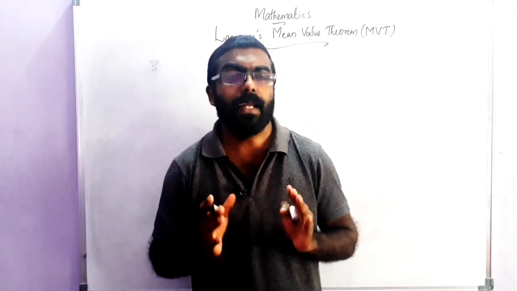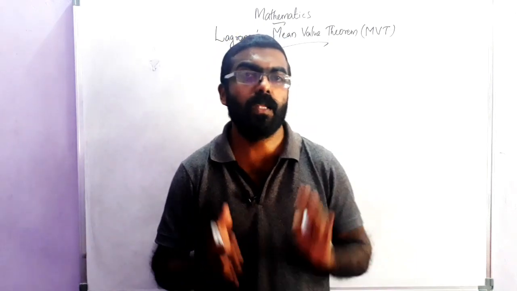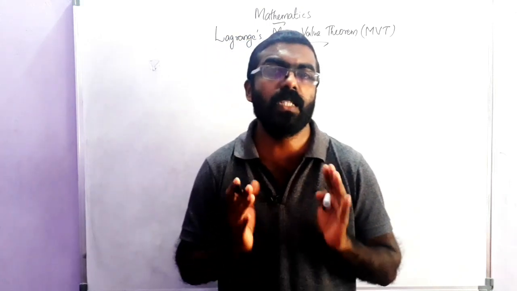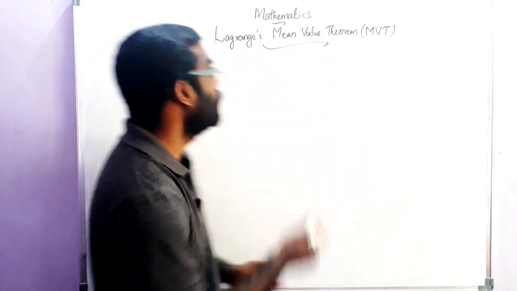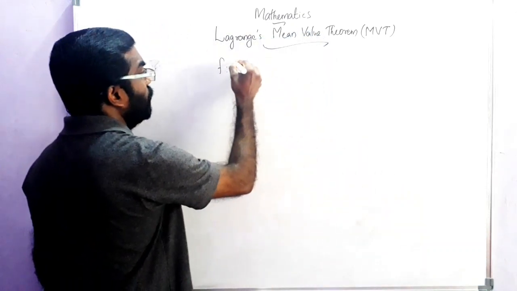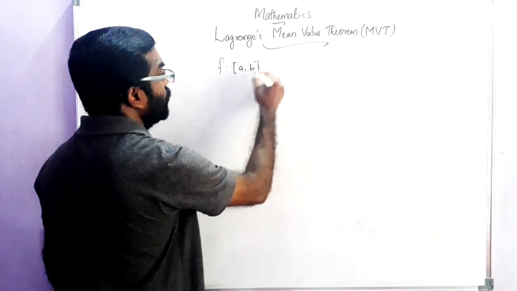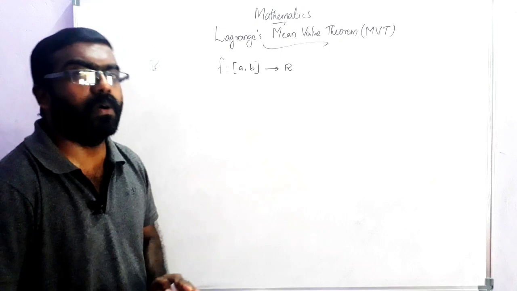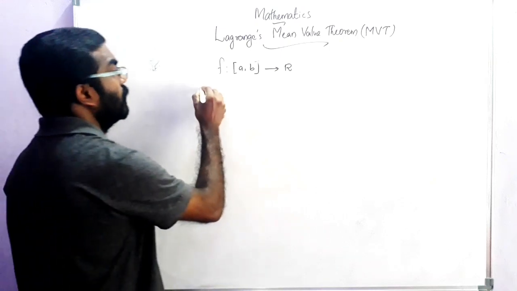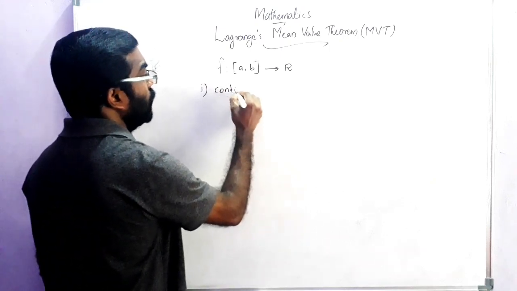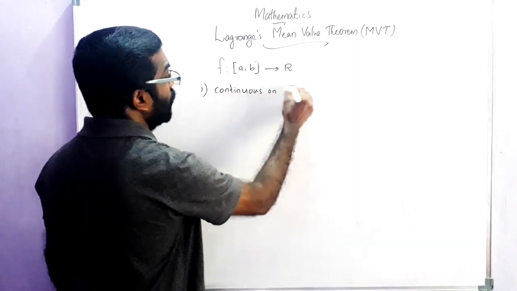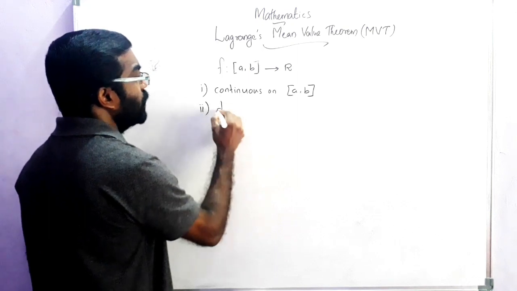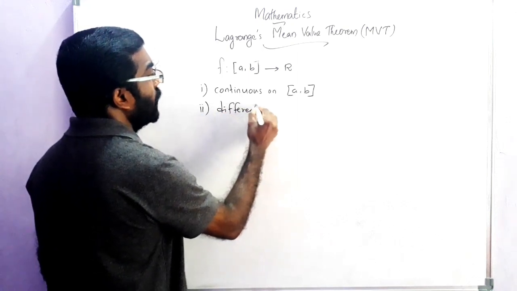Let's start. Lagrange's mean value theorem, or the mean value theorem, states that let f from closed interval ab to R be a function which is continuous on closed interval ab, and the same function is differentiable on open interval ab.